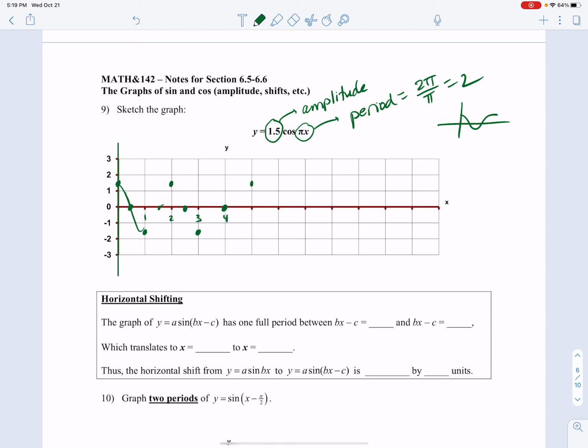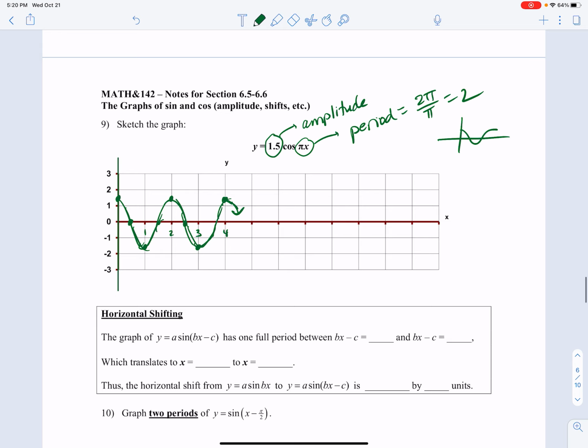So here are 2 periods of this graph. I got a little bit off here. That shouldn't be there. I thought that looked a little weird. It should be here. There we go. There we are. So there's two periods of 1.5 cosine pi x.